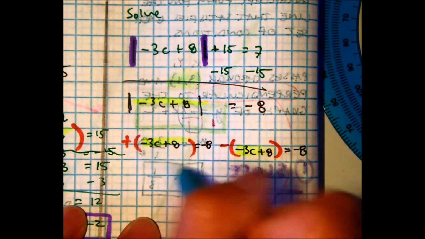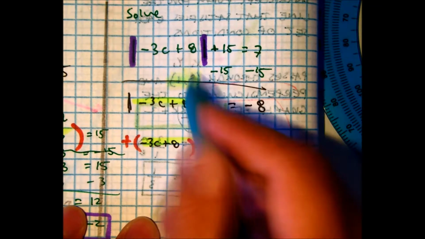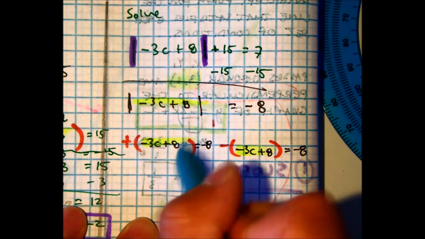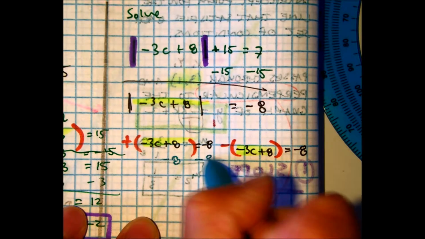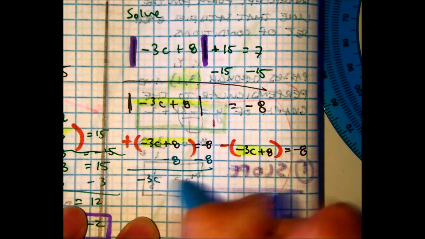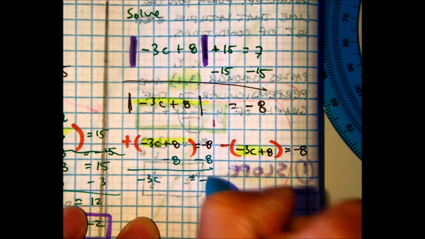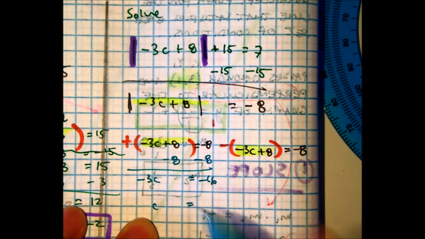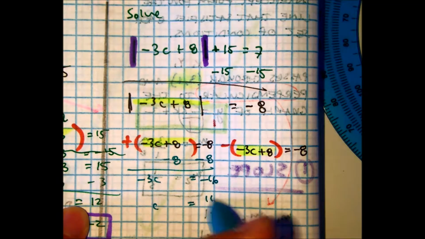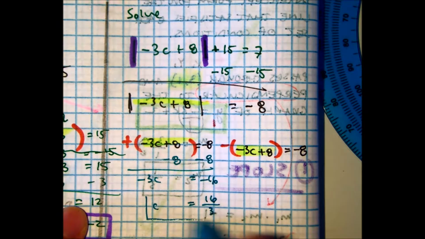I don't need the parentheses, right? Correct? So subtract 8, negative 3c equals negative 16, c equals 16 over 3.